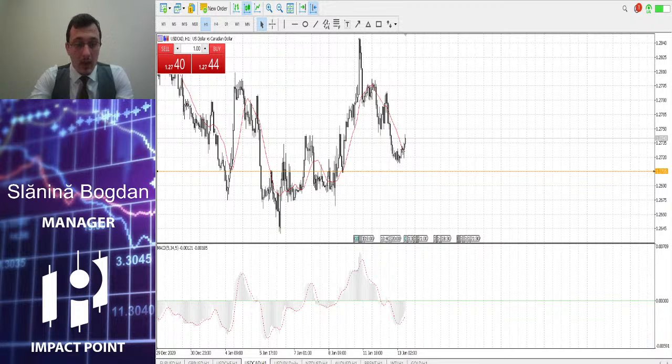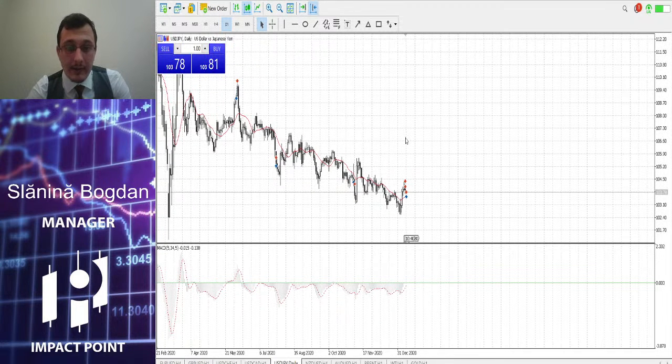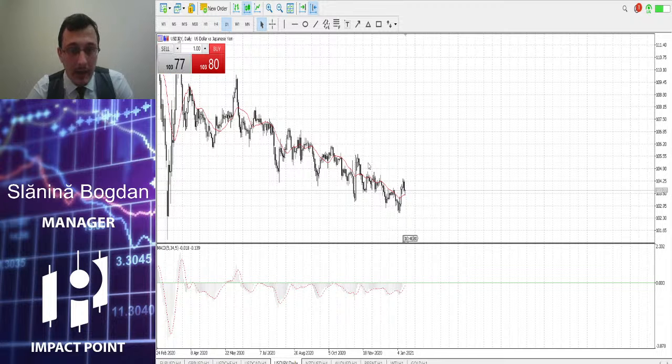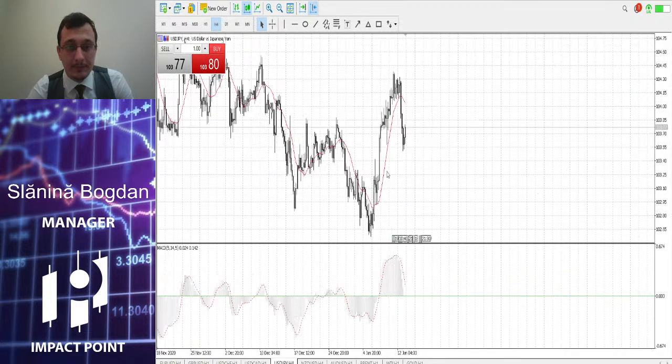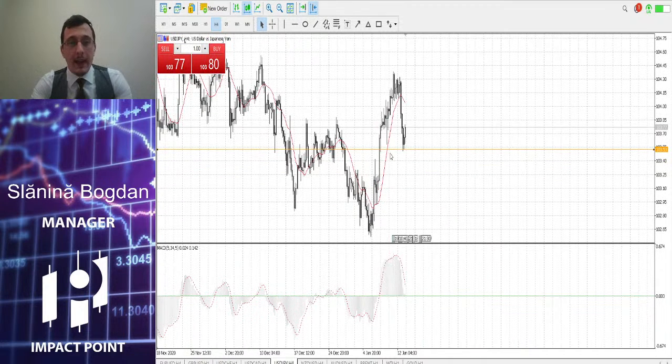Moving forward to USD/JPY, here we see that again we had a retracement until this level, which is okay, and we expect a rise. We really expect a rise. Why?